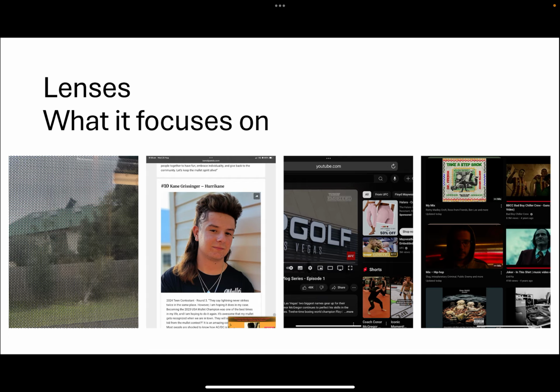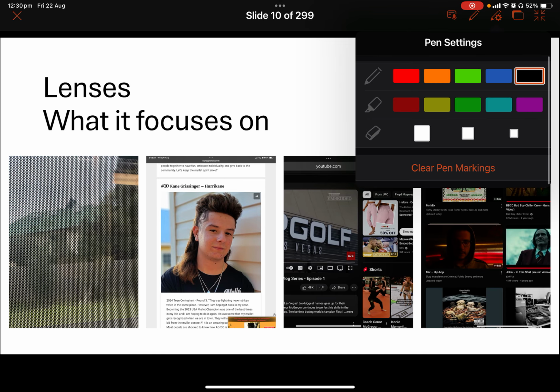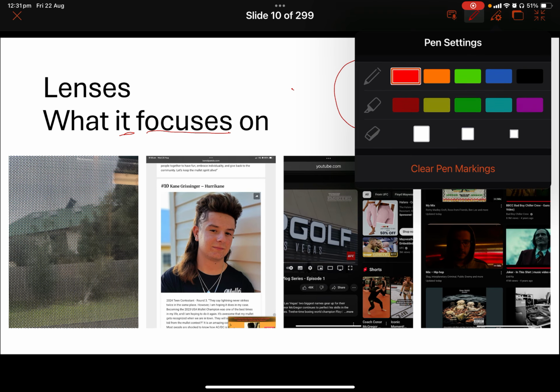So the lens has a problem, a design fault, which is that that area of it has a magnification or a dot, and the dot focuses on something. So when the eye is looking around, the dot spots something.